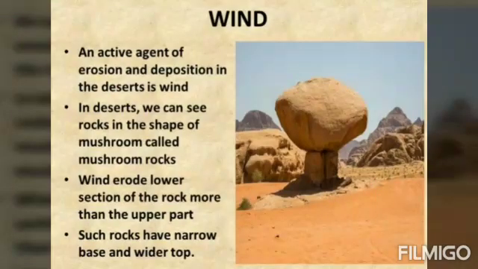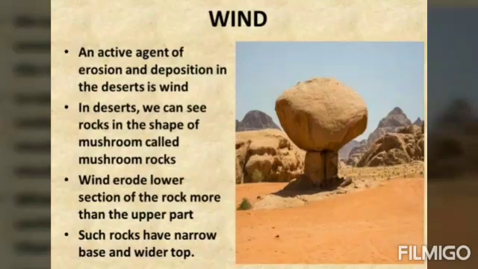Next topic, wind. Wind is an active agent of erosion and deposition in the desert. In the desert, we can see rocks in the shape of a mushroom, called mushroom rocks. Wind erodes lower sections of the rock more than the upper part.